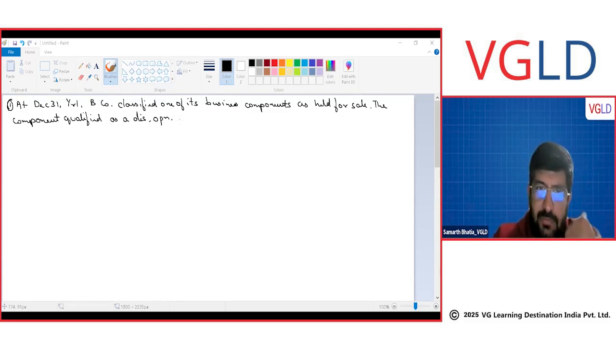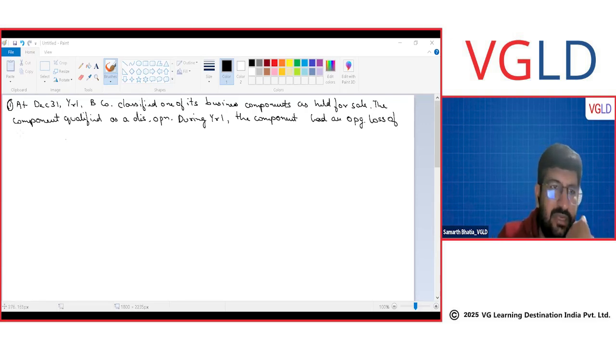During year 1, the component had an operating loss of $120,000.